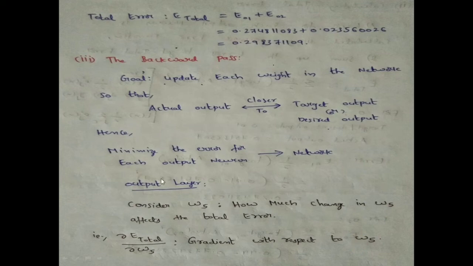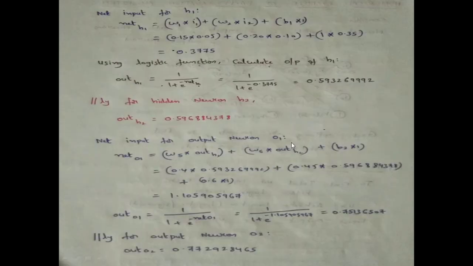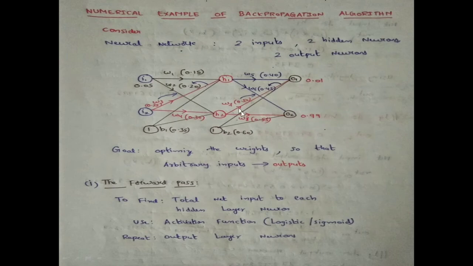So first of all, we will consider the output layer, that is we will try to update the weights W5, W6, W7, W8 in the output layer, and then we go back from this output layer to the hidden layer and we try to update the weights W1, W2, W3 and W4.